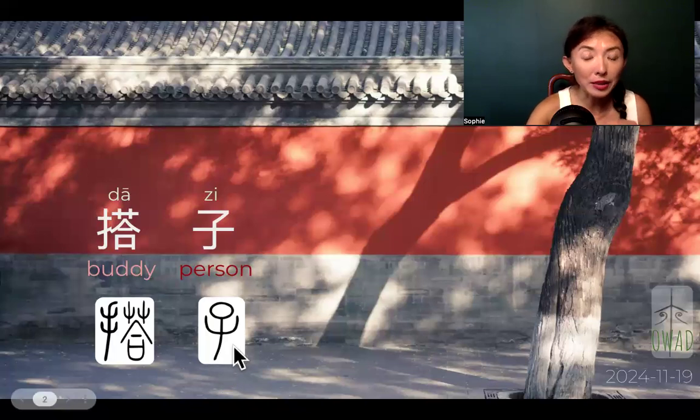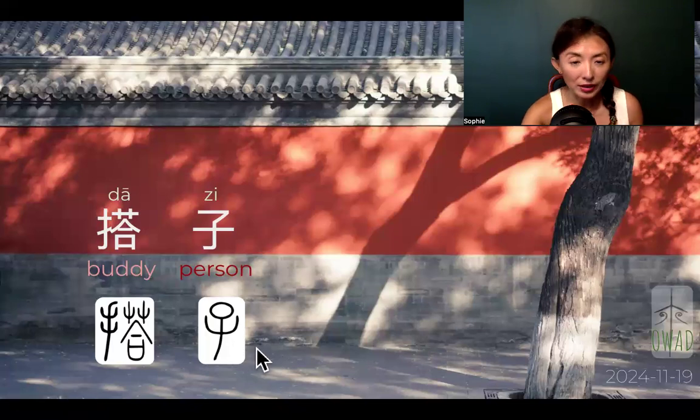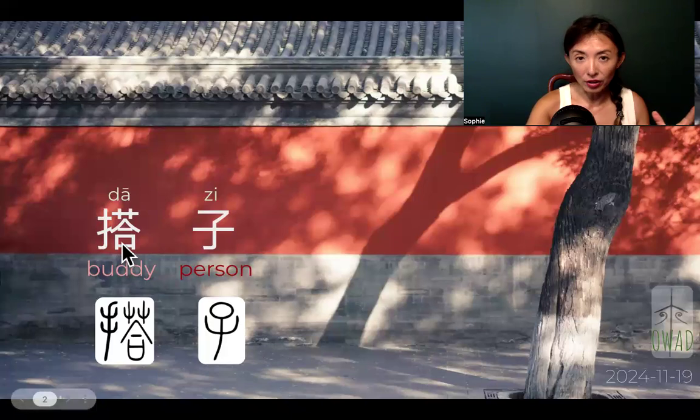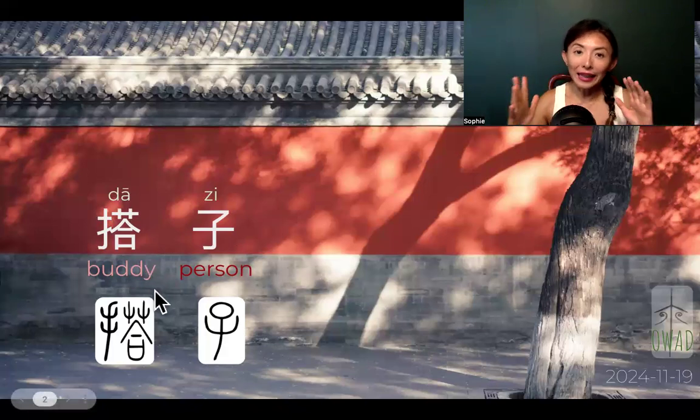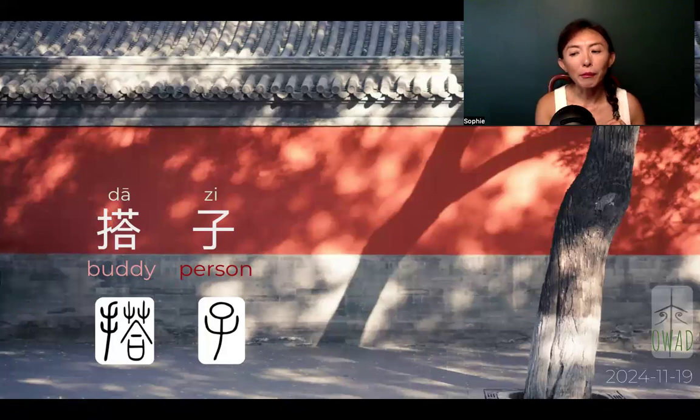So that's a baby simplification, a small person. When we add it to the action, it means the person who serves the function of doing something together with you, by linking up to somebody. So it's a kind of buddy you carry out some activity together with.